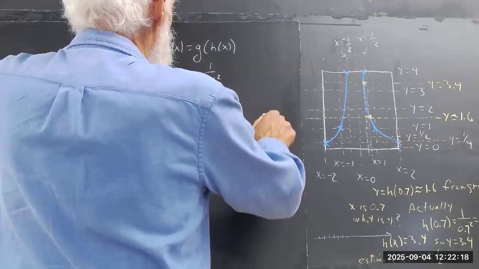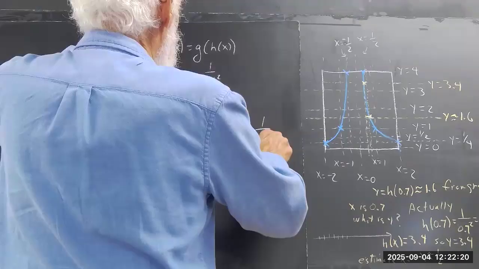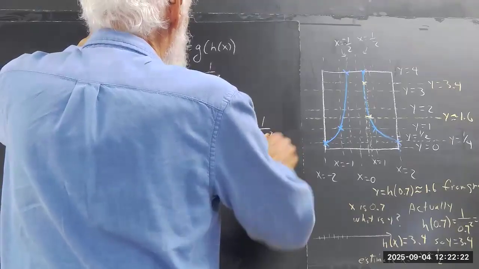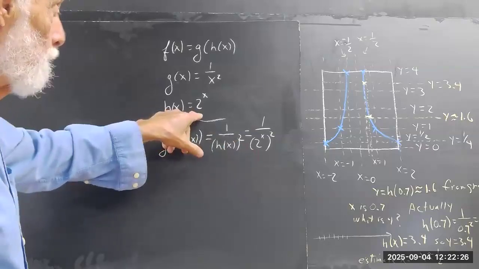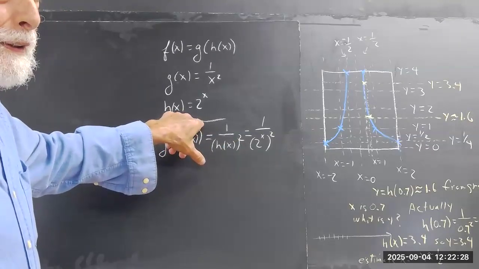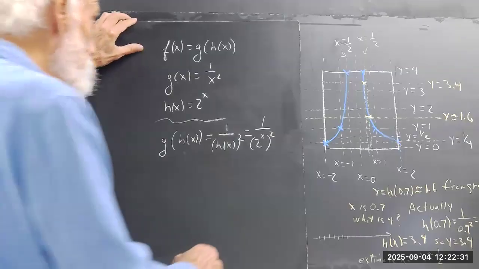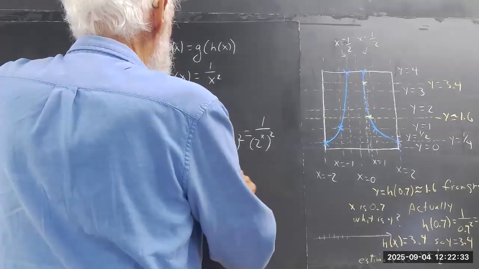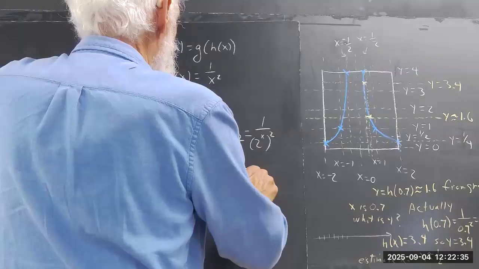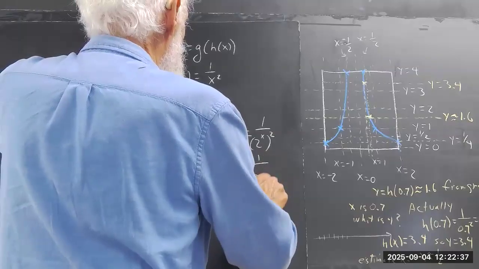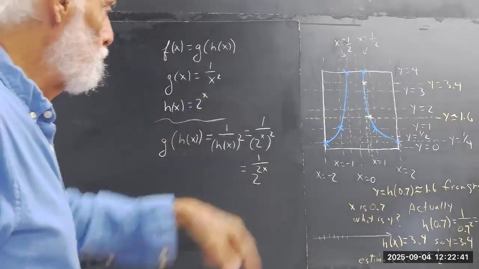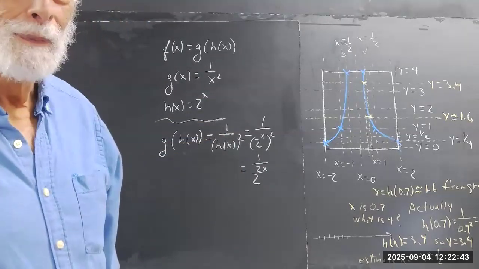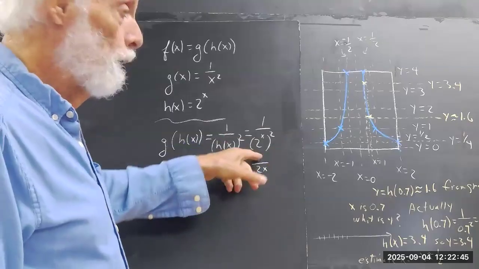And then h of x is 2 to the x. So you can replace h of x with the formula for h of x. And that is one over 2 to the 2x by the rules for exponents. Remember how you do a power of a power.